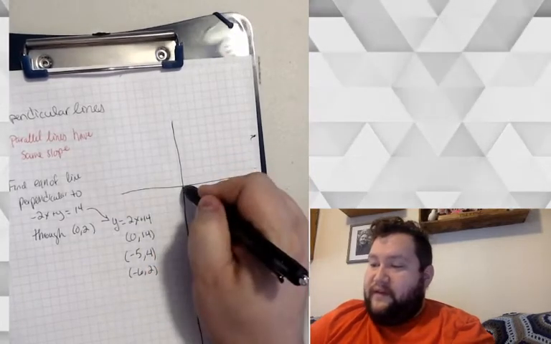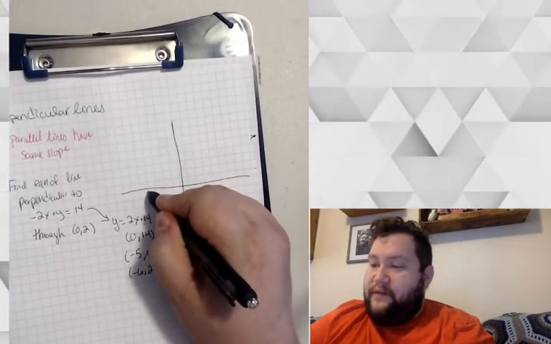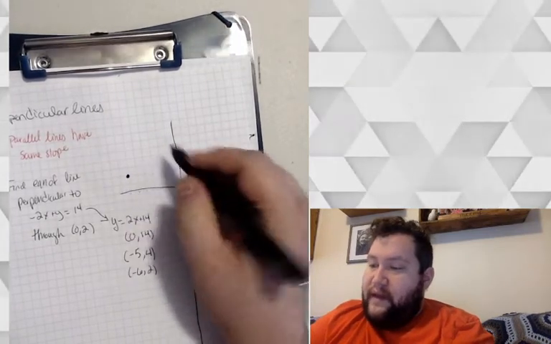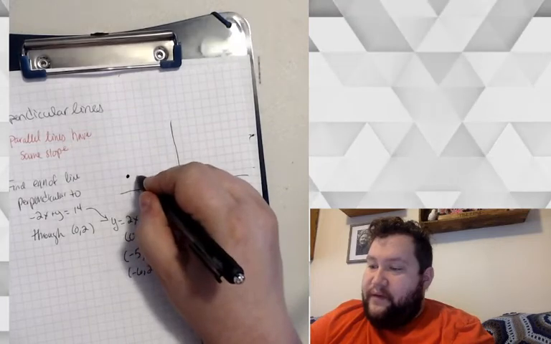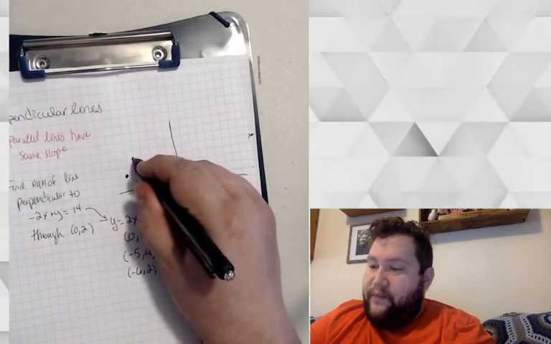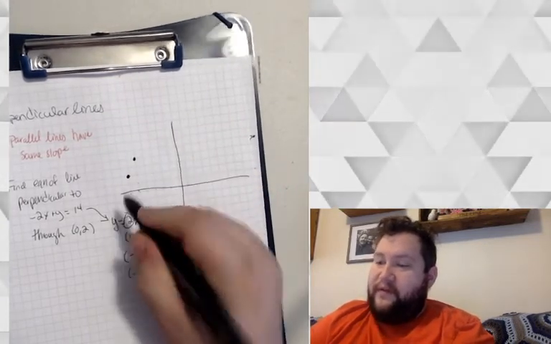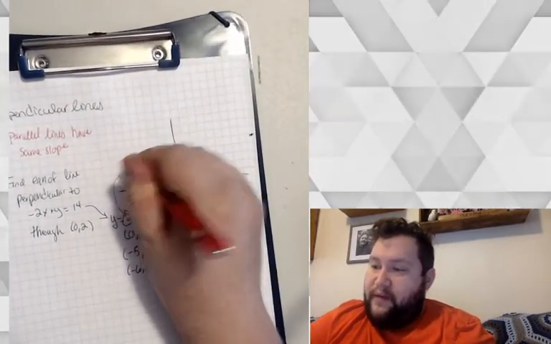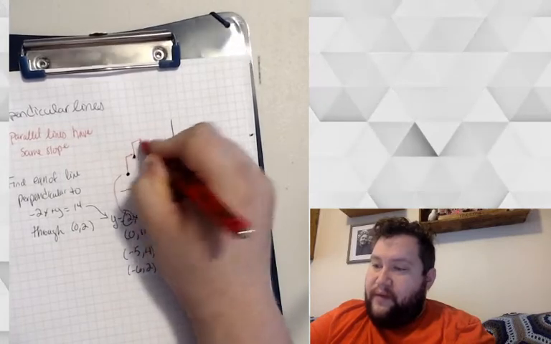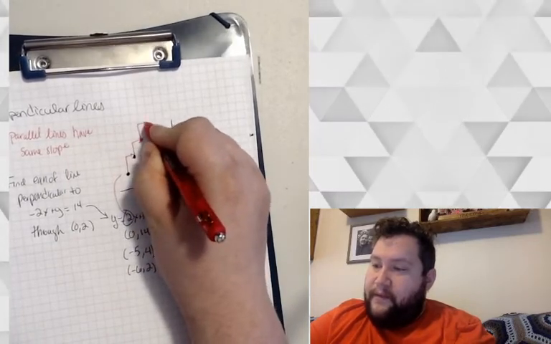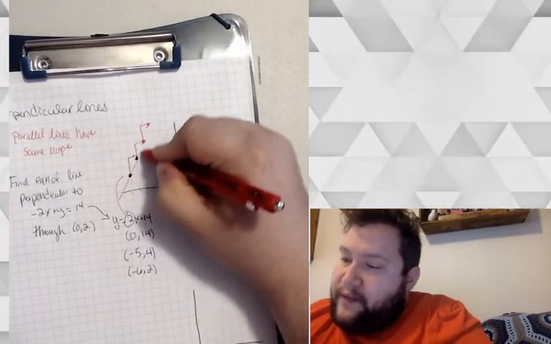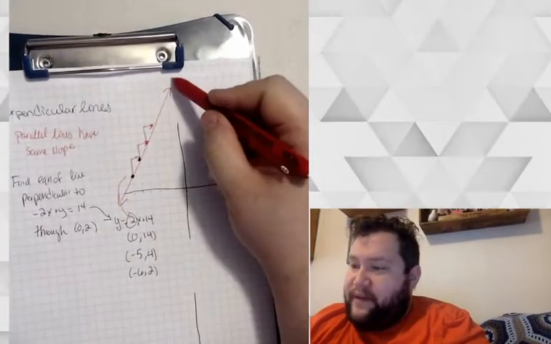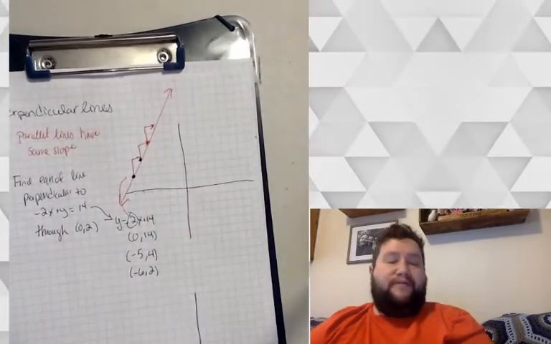So we have negative 6, 2. 1, 2, 3, 4, 5, 6, 1, 2. And negative 5, 1, 2, 3, 4. Which we could have seen because our slope is 2. We go up 2, right 1, up 2, right 1, up 2, right 1, and we end up with this, right? And so you believe that 0, by the time you get to 14, would be somewhere up there.